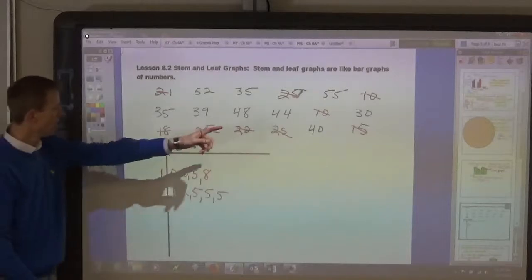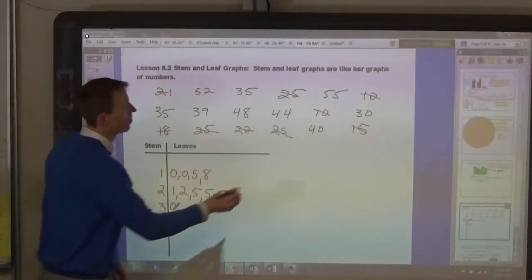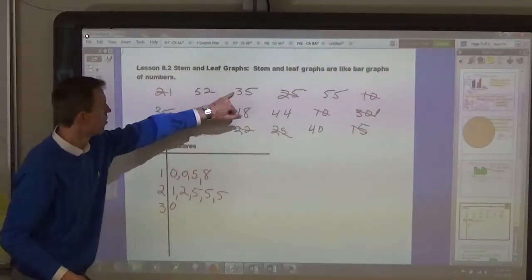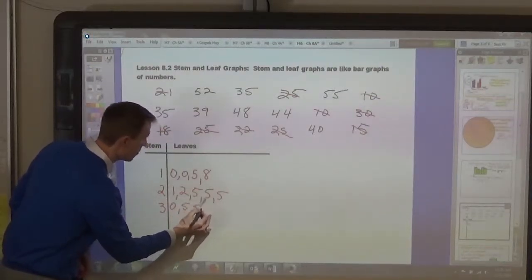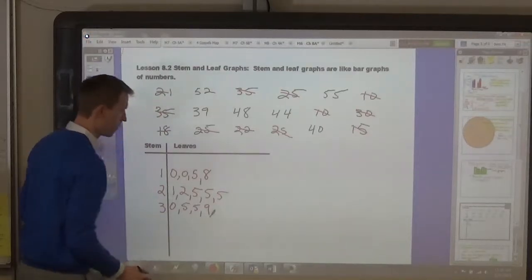Then there's a 30. And then a 30, two 35s. And a 39.